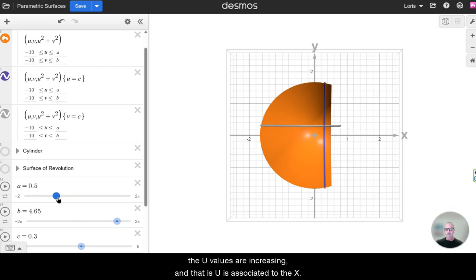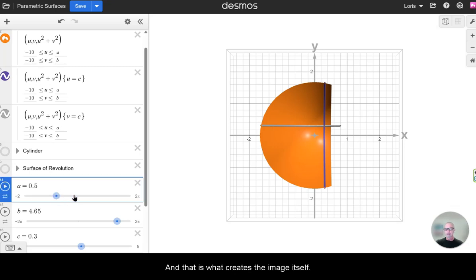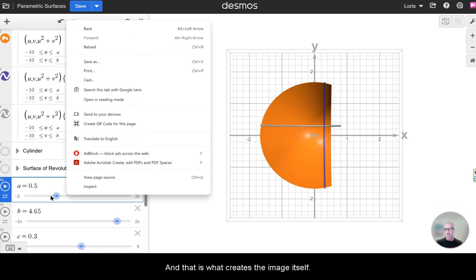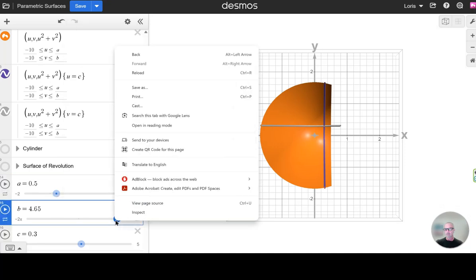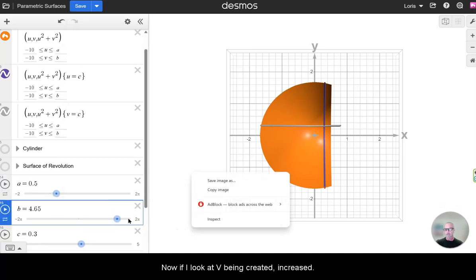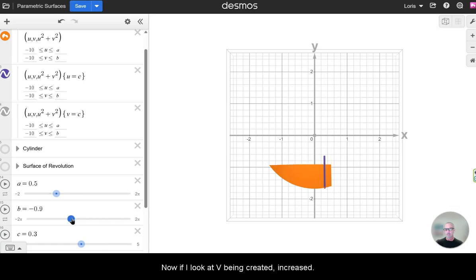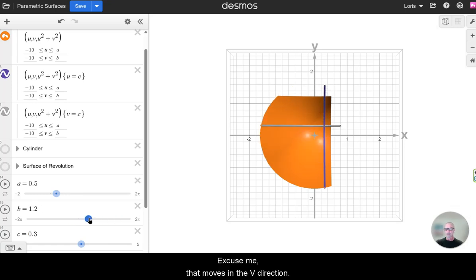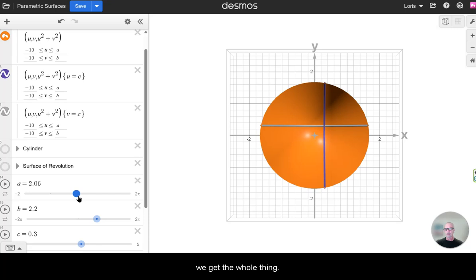And u is associated to the x, and that is what creates the image itself. Now, if I look at b being increased, then that moves in the v direction. And so when we put these two together, we get the whole thing.